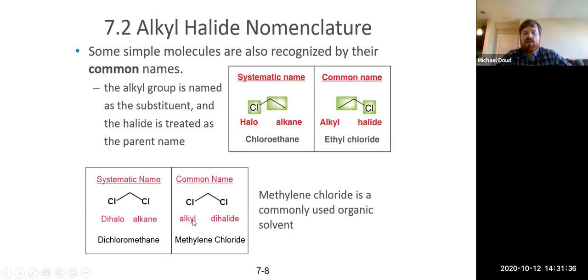But chemists a long time ago used the naming scheme methylene chloride, and this is still on a lot of jars of solvent that you see around the lab. Because it's so commonly used, people hold on to the older name as well. I'm not going to quiz you on the common names necessarily, but there are a couple you should be able to recognize.